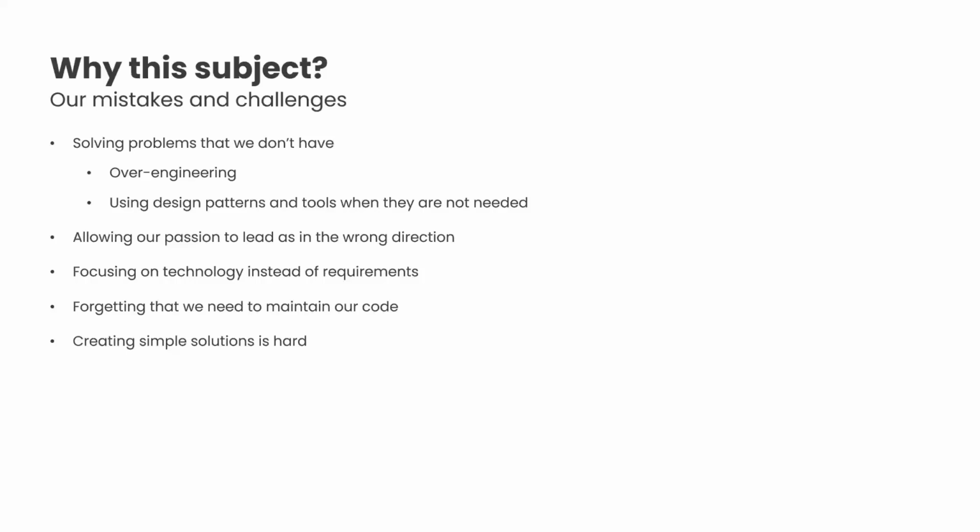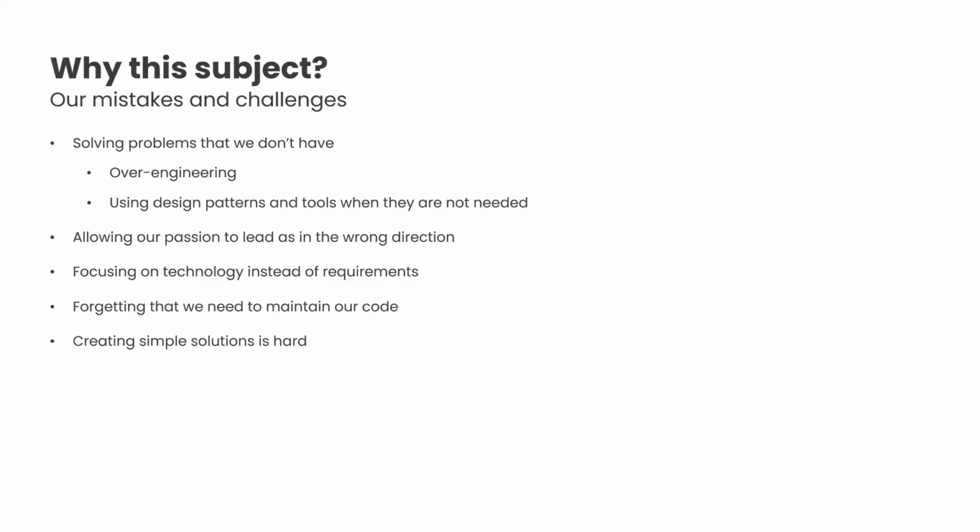Like sometimes you see the code and you see that the code is over-engineered. Like you see that we're solving the problems that we don't have. We're using sometimes design patterns that don't fit the problem that we are trying to solve.